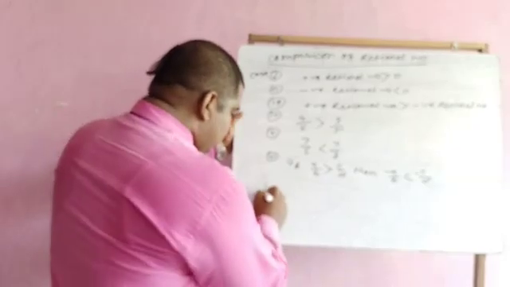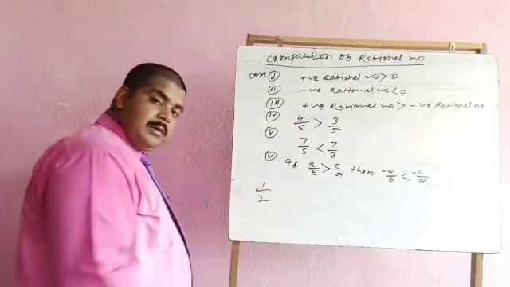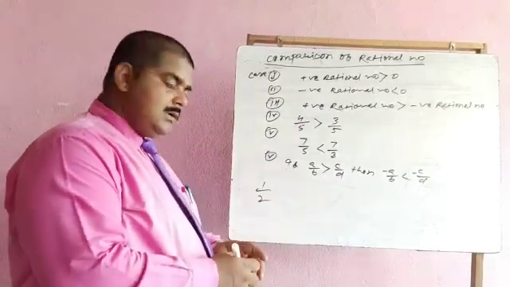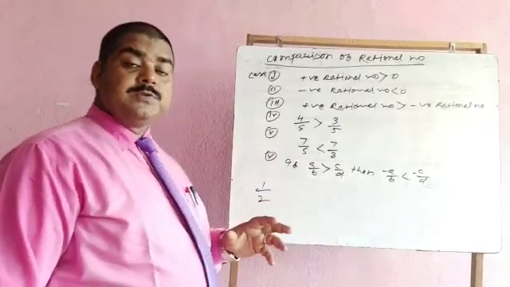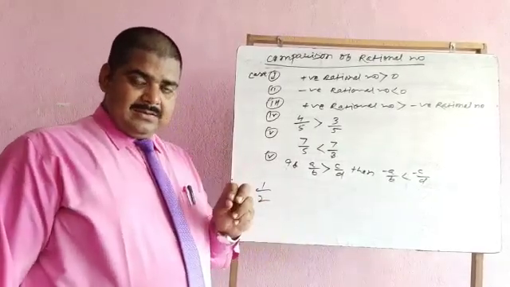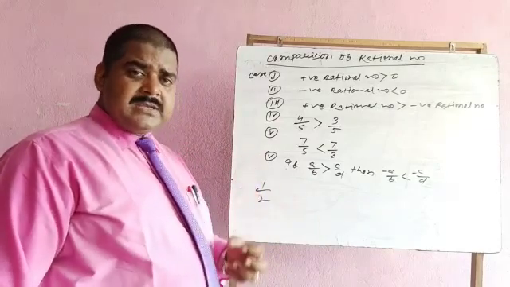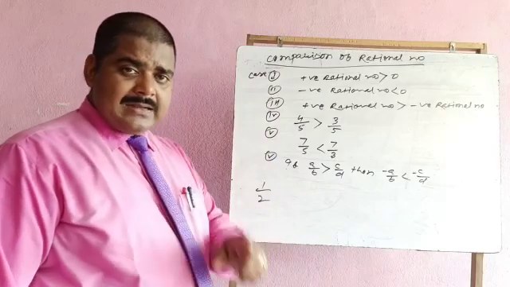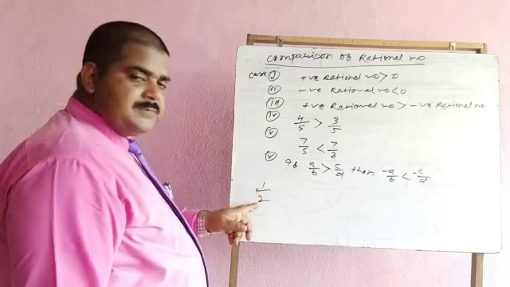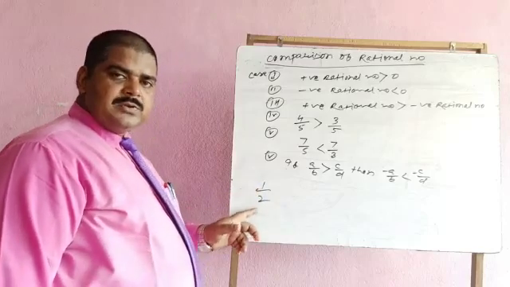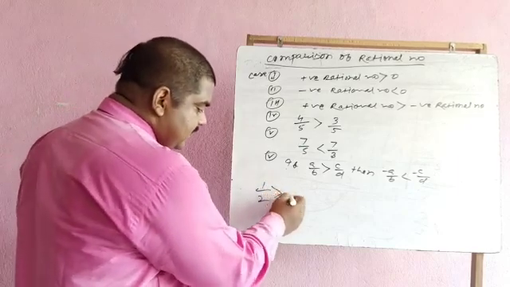For 1 upon 2, you know it is a positive rational, because you learned in the previous video that any rational whose numerator and denominator have the same sign, positive or negative, is considered a positive rational. 1 is positive, 2 is positive, both having the same sign, so it is a positive rational, and positive rationals must be greater than 0.